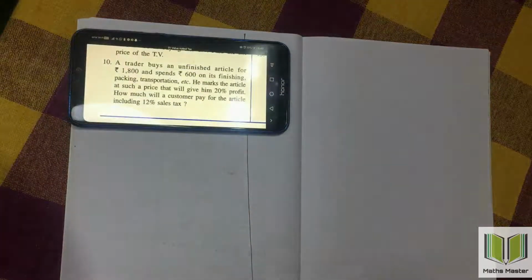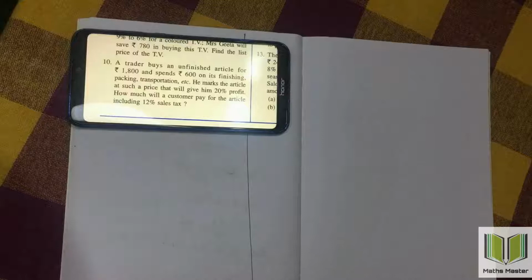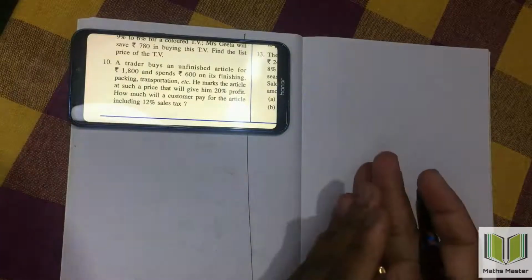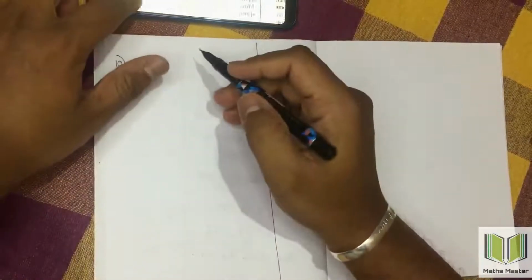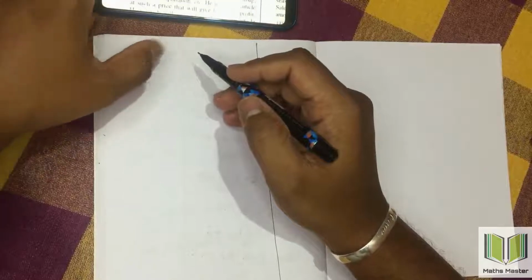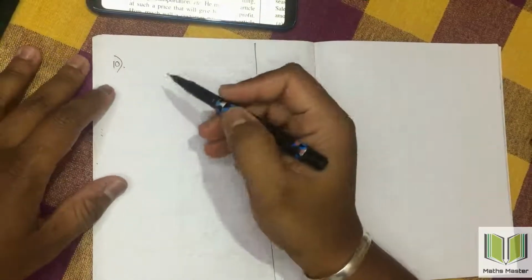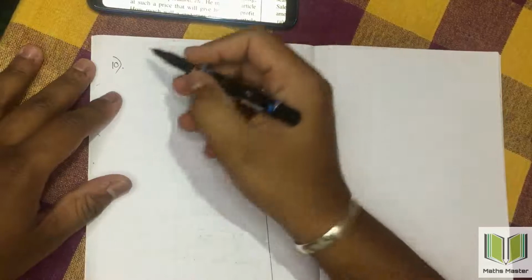Why are we including cost price? Because here a vendor is purchasing an item, altering it, making it more expensive and selling it. So there is a cost price and there is a selling price. So we need to include cost price in this kind of problem. I'm doing the 10th one. Give a try for the 9th problem and 8th problem as well, and put across your solution in the comments box.